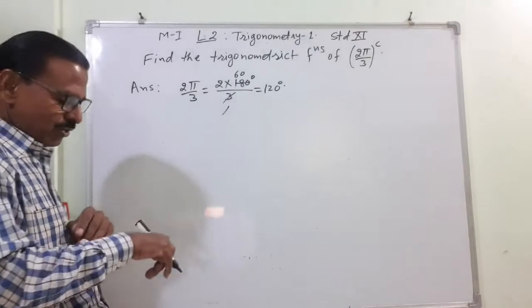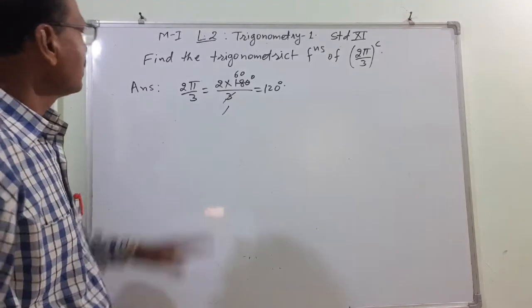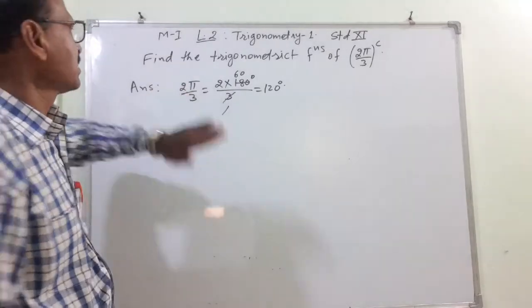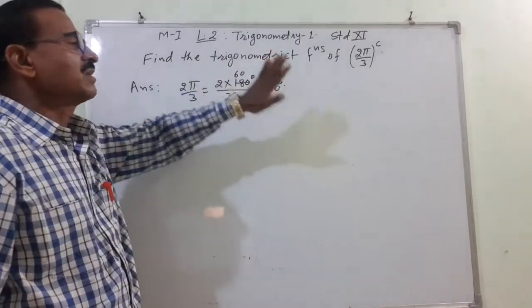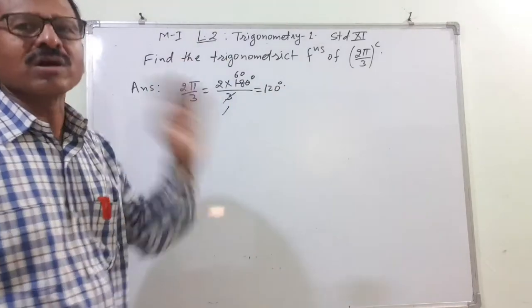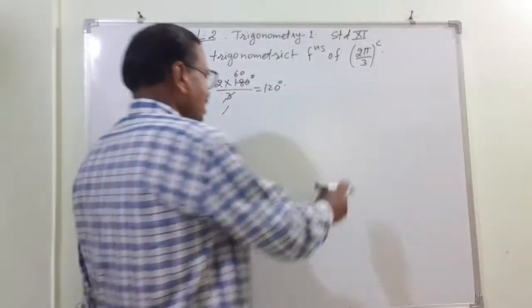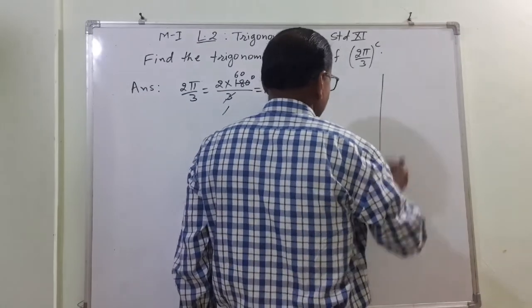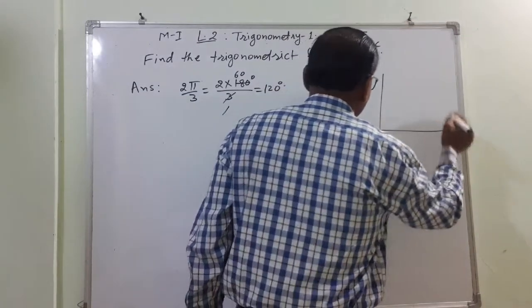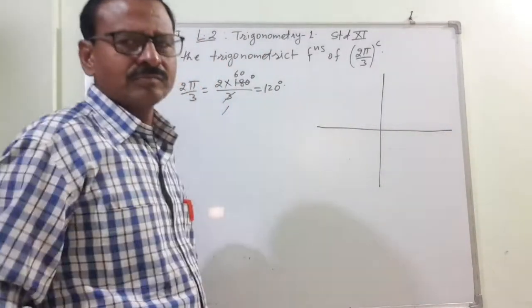Here the question is like this: find the trigonometric functions by definition. That also comes. What is the definition? I will teach here. Draw a unit circle.